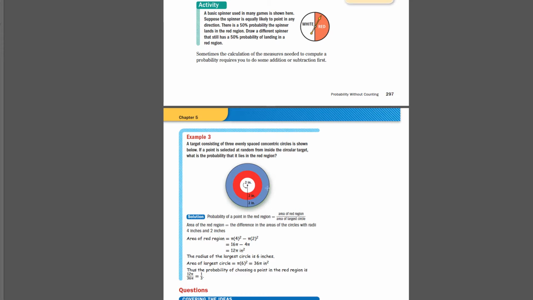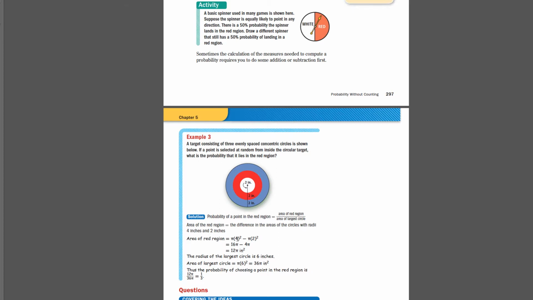Well, that's going to be the area of the red region divided by the area of the largest circle, the total area. Well, the area of the red region is simply this donut shape here. We have the white region within what we might call the red circle. So we have to take this red radius, which is 2 inches plus 2 inches, which is 4 inches, and we're going to multiply pi times 4 squared.